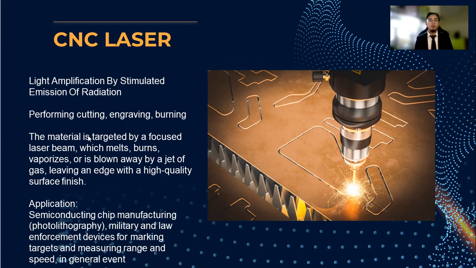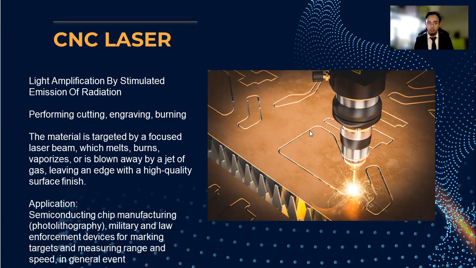It performs cutting, engraving, and burning, as you can see here in the figure. The material is targeted by a focused laser beam which melts, burns, vaporizes, or is blown away by a jet of gas, leaving an edge with a high quality surface finish.